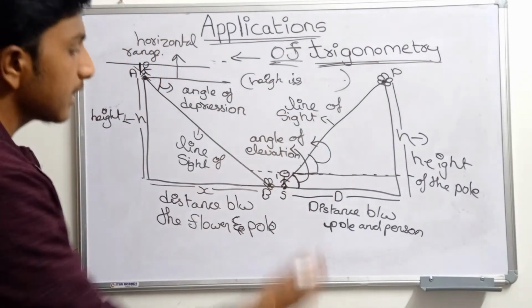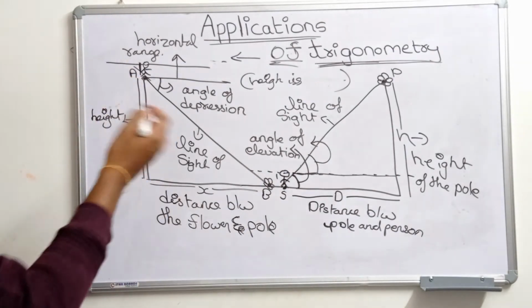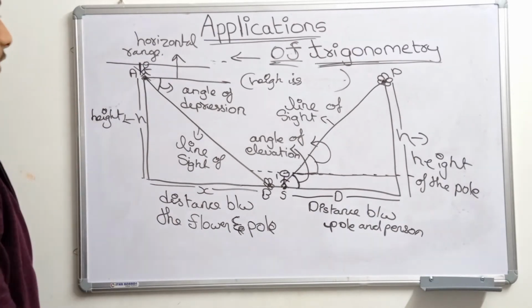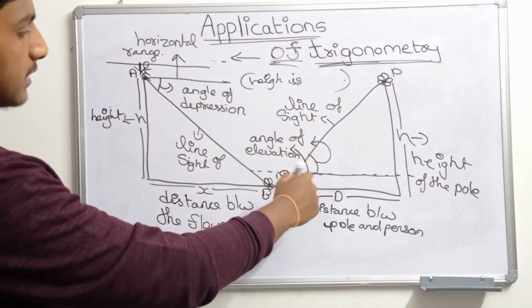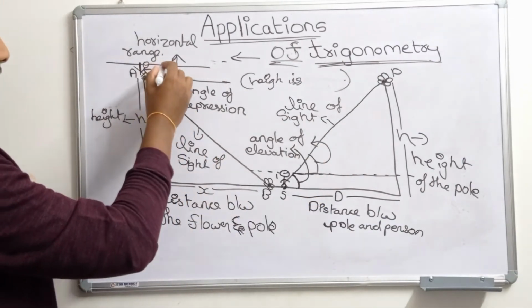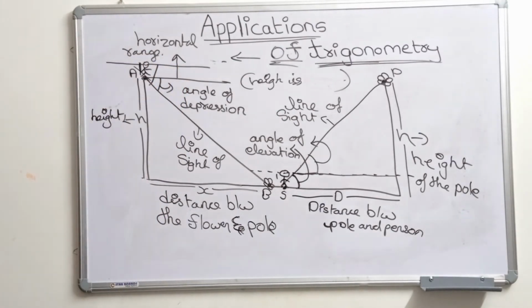When height is neglected, then it can be taken from the ground and it can be taken from the pillar. Now if height is taken, my angle of elevation will be this. Now my angle of depression will be in this way, guys, somewhere here. I hope am I correct? Just a minute.